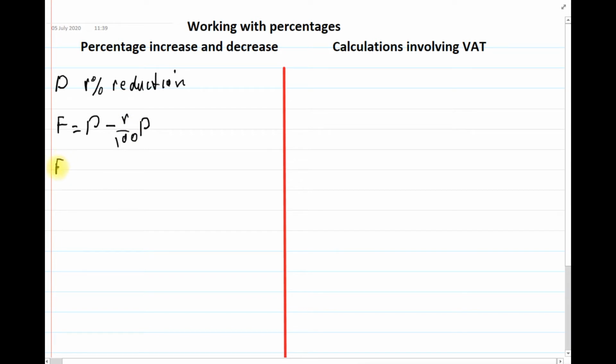So if I factorize the P, the final price would be P times 1 minus R over 100.